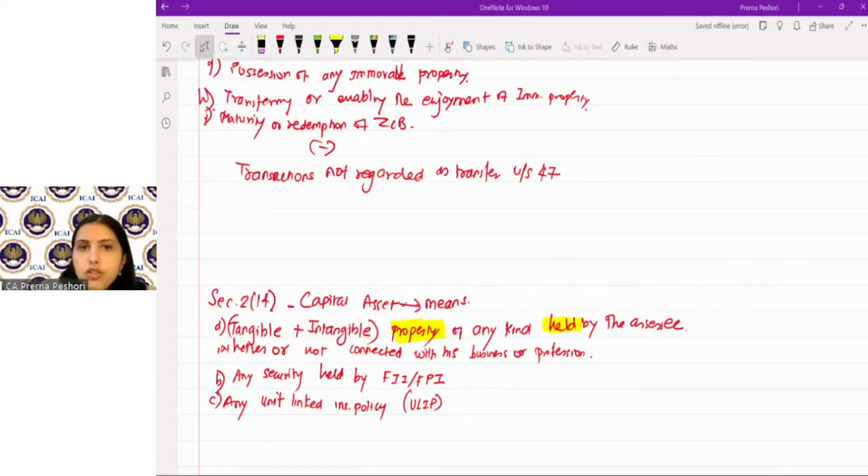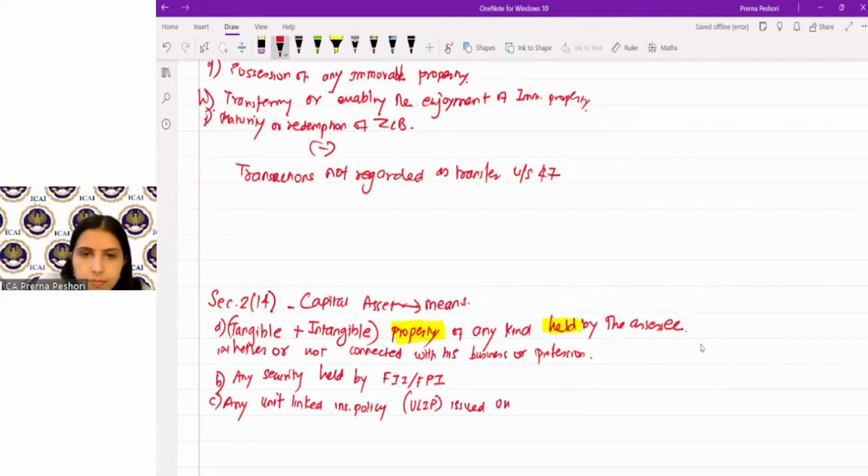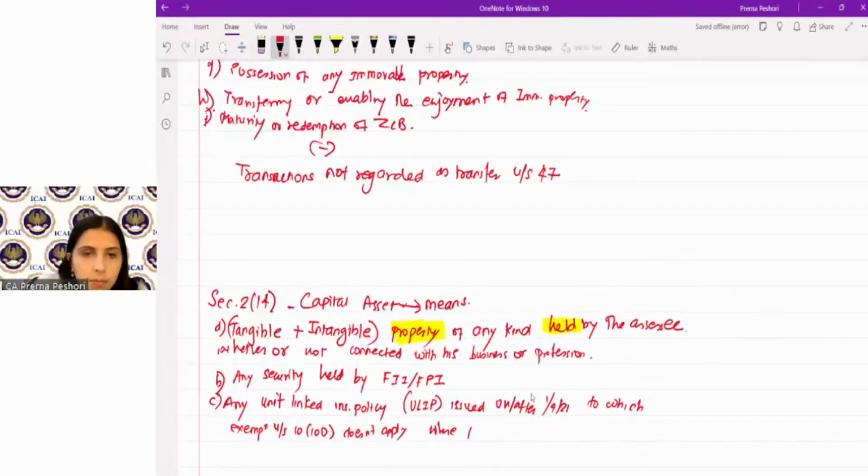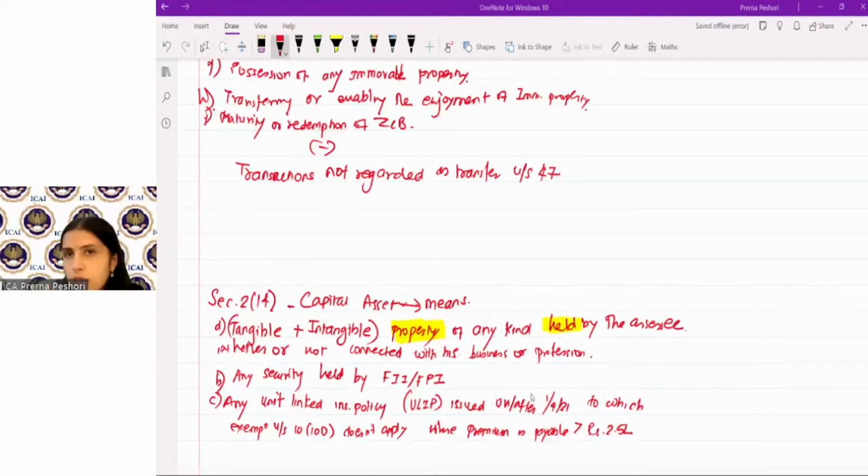So any ULIP issued on or after 1/4/21, to which exemption under section 10(10D) doesn't apply on account of premium payable greater than rupees 2.5 lakh, where premium is payable greater than rupees 2.5 lakh. So even that is considered as the capital asset. Correct?